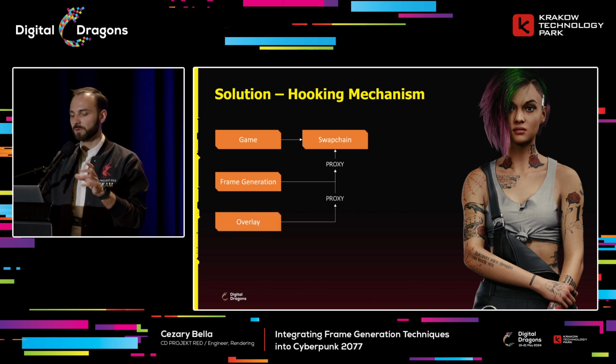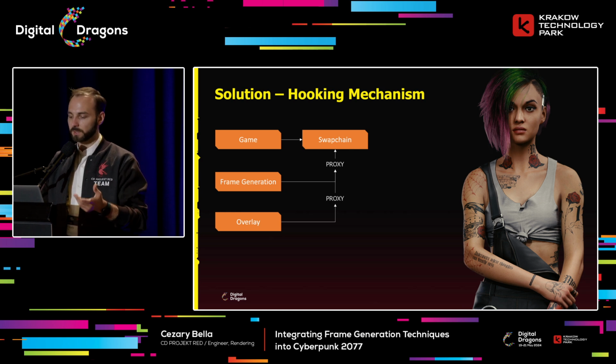But with frame generation in place, it became a little bit more tricky, because both of those were using proxies. We didn't think about it at first, and it was really difficult for us to overcome that. So the ideal solution that we implemented was to change that into vtables.